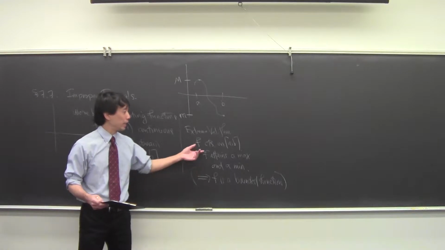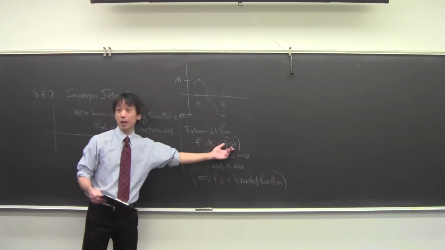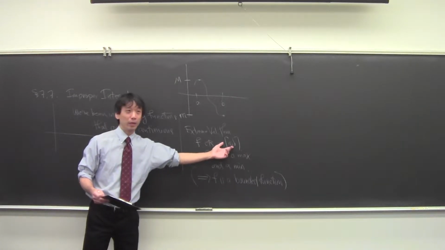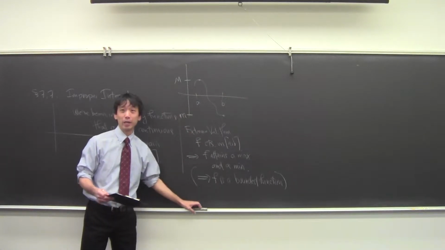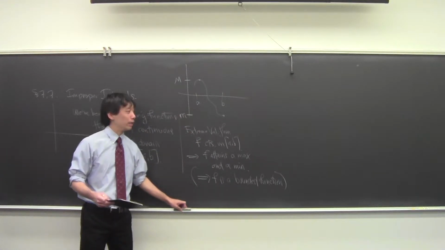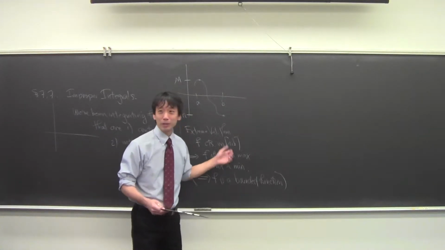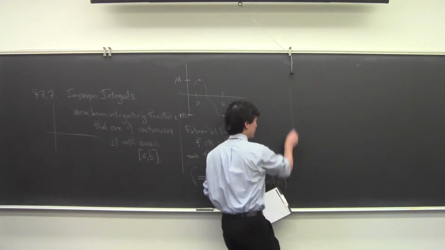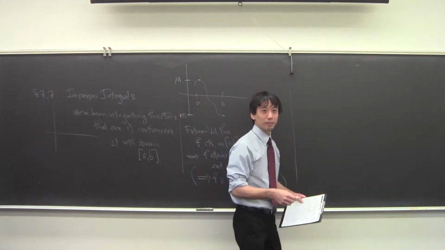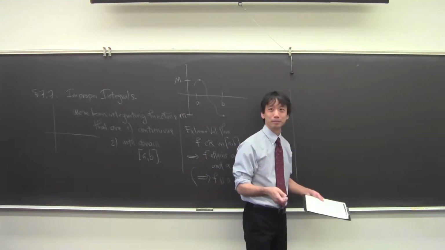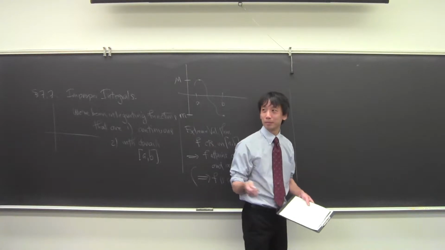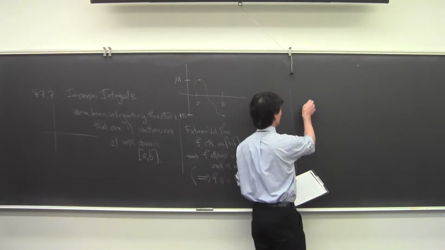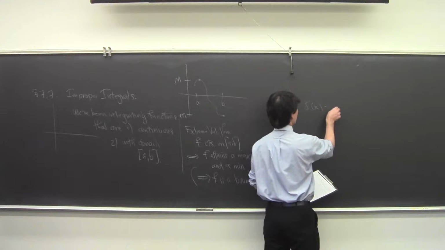If you're continuous on a closed and bounded interval, then you cannot head off towards infinity. Name a function that heads off towards infinity. Can you give me an example of a function that heads off towards infinity? Say x plus 1. Okay, so f of x equals x plus 1.